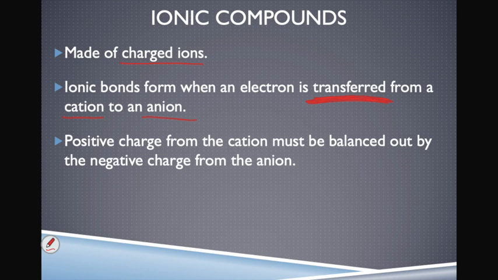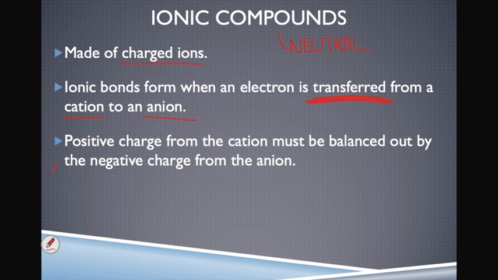Okay. When we write formulas, or when we're just generally talking about ionic compounds, it's really important to know, yes, these compounds are made of charged ions, positive charges, negative charges. However, compounds must be neutral, which means they have overall no charge.